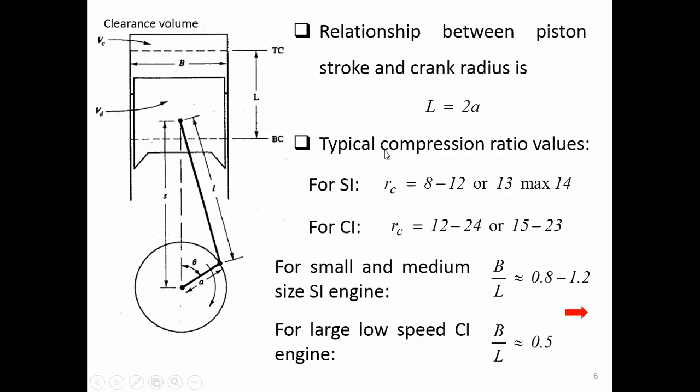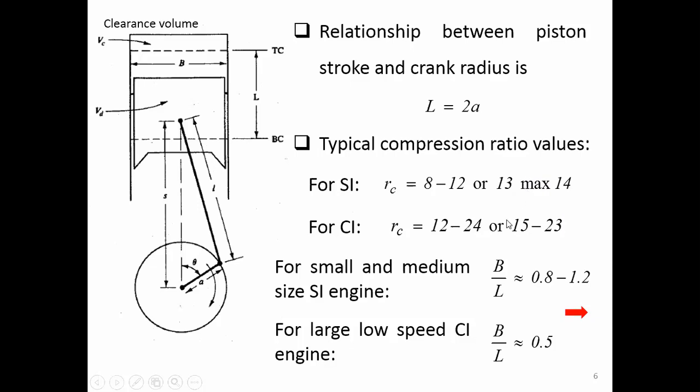Here is the typical compression ratio that we just mentioned. For the SI it is about 8 to 12, 13, or maximum 14. For the CI it is between 12 to 24, or 15 to 23. This is the typical compression ratio you use when you design the engine.